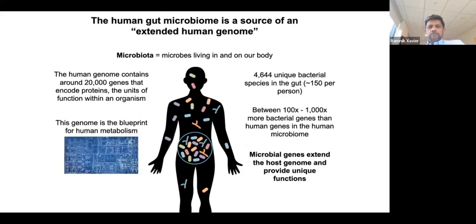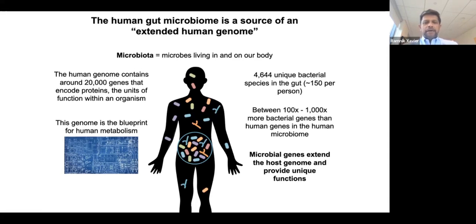metabolomics. So facts. The human genome contains roughly 20,000 genes that encode proteins that are defined as the units of function within an organism. And you can use that gene map to get to transcriptional events, metabolism, and many other readouts. Just by comparison, you can see the facts on this slide. There are something in the range of 100x to 1,000x more bacterial genes than human genes in the human microbiome.